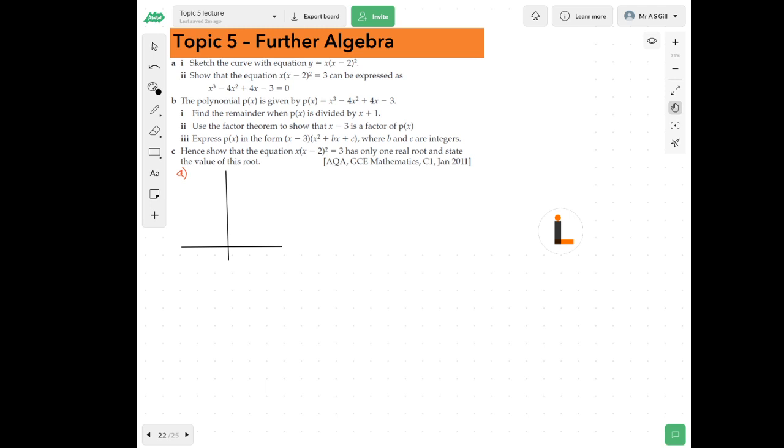If we look at this equation on part B here, if we multiply out this equation, we know we'll get a constant term of plus 4, so we have a y-intercept of plus 4 that we can mark here. And we've got solutions at 0 and a repeated root at x equals 2.